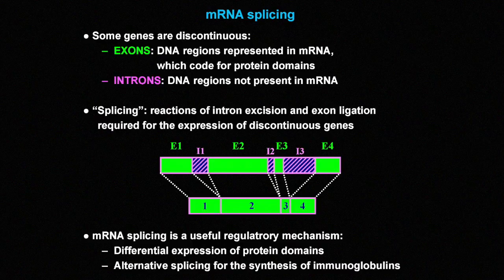You have, for instance, this scheme here. You have a putative gene with 4 exons and 3 introns, and splicing would take these introns out and join the exons. This is very useful in biology because it allows the differential expression of protein domains, and for instance in our immunoglobulins it is working very actively.